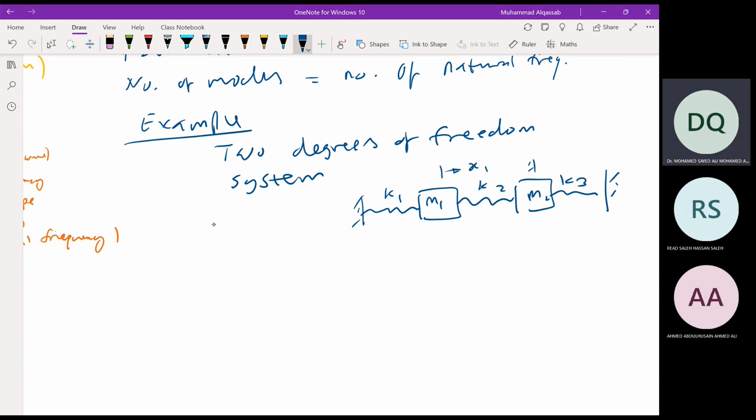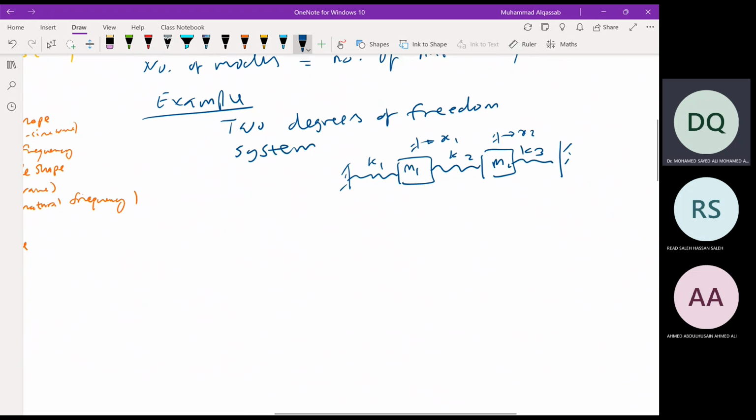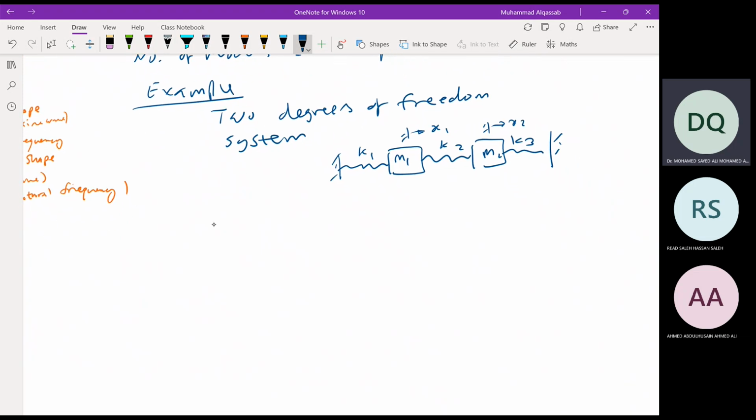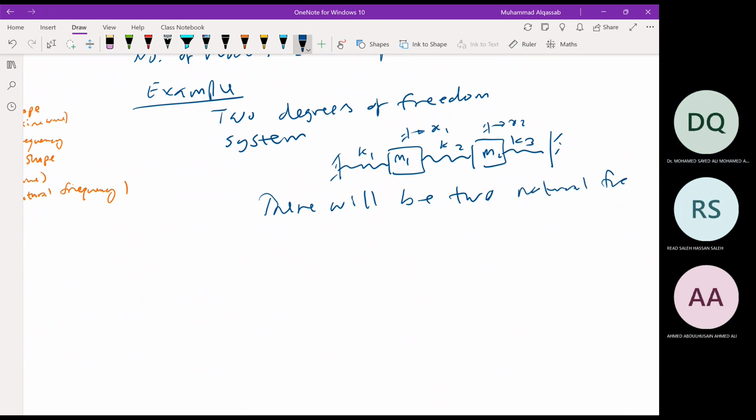So there are 2 coordinates only, and then there will be 2 natural frequencies. Not open-ended as the continuous system. And accordingly, there will be 2 modes. Okay, the modes, and we will see how we can obtain natural frequencies and also the modes.